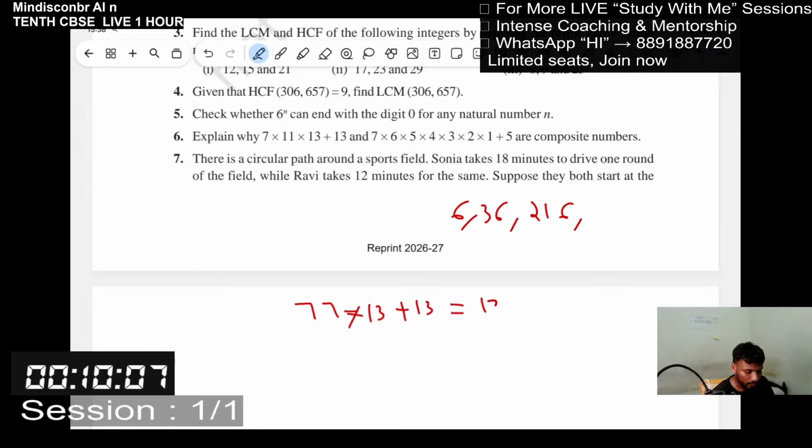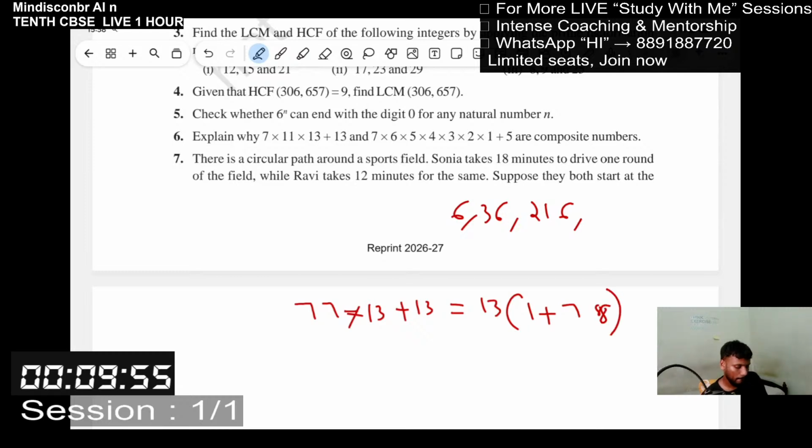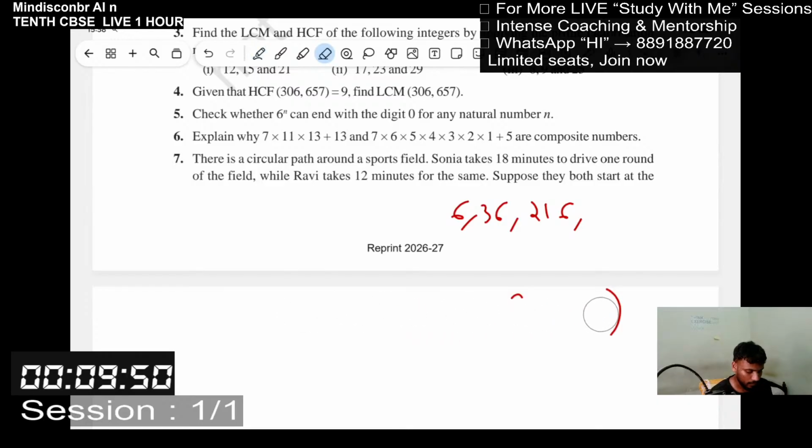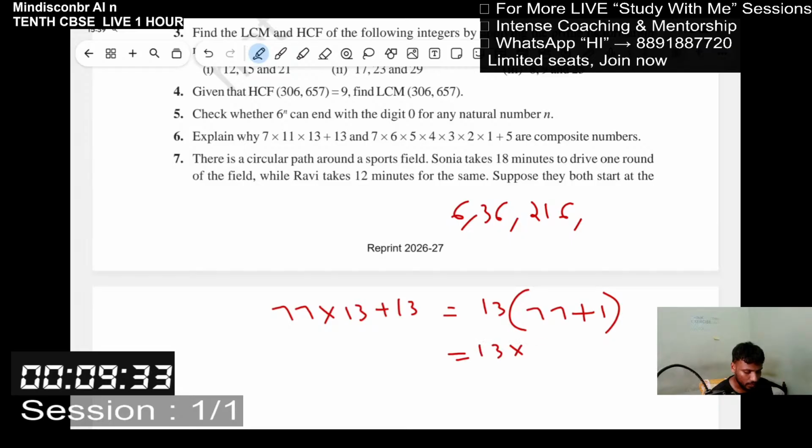Taking 13 as common, 77 plus 1, that is 13 into 78.